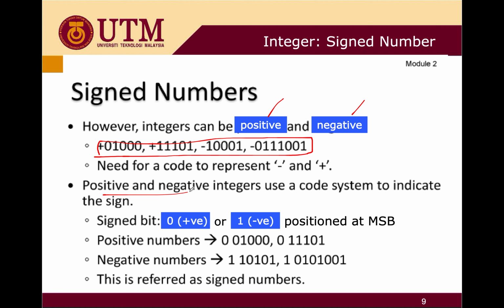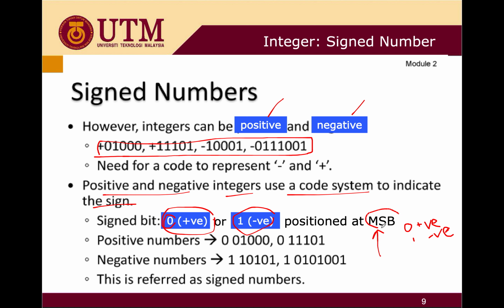And then positive and negative integers can use a code system to indicate the sign. If the sign is positive, it will be a 0. Negative, it is a 1. This is a signed number, where you put this sign: if it is positive, it is 0, and for 1 it is negative.